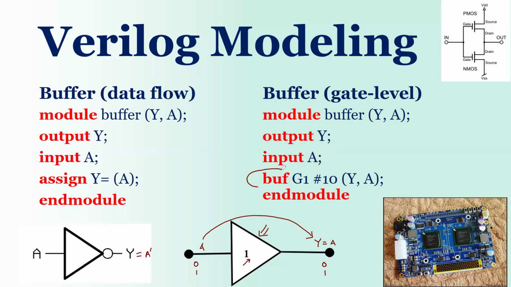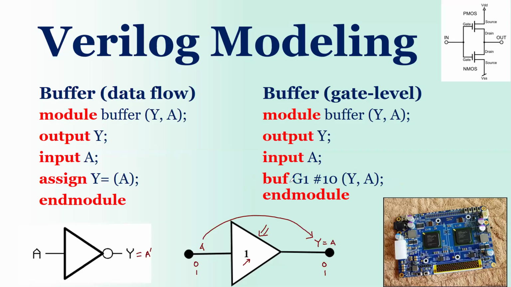But now look at this special primitive that we have used. So in Verilog, for gate level modeling, you have a variety of primitives such as AND, OR, NOR, NAND, XOR, XNOR, buffer, tri-state buffer, etc. I am using one of the primitives called buf, BUF.